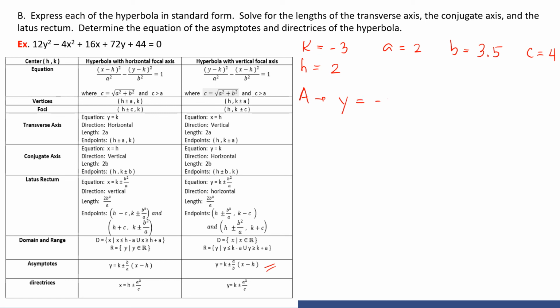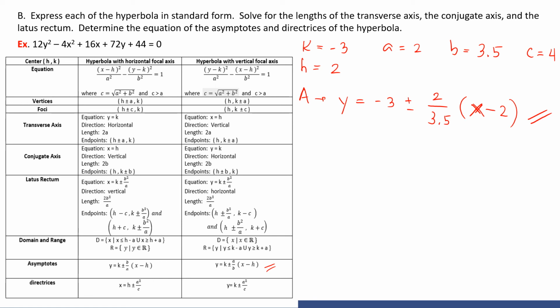So that is negative 3, and then plus minus a, which is 2, over b, that is 3.5, times the quantity x minus h. So x is x minus h, x minus 2. And since we cannot cancel 2 and 3.5 here, accepted itong ating equation for the asymptote.